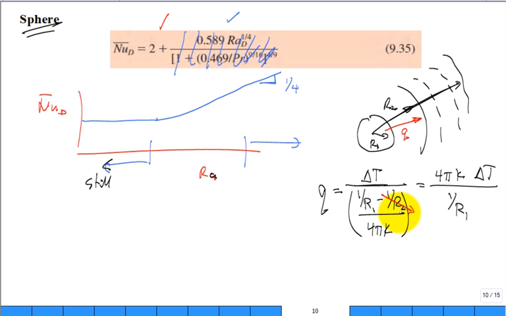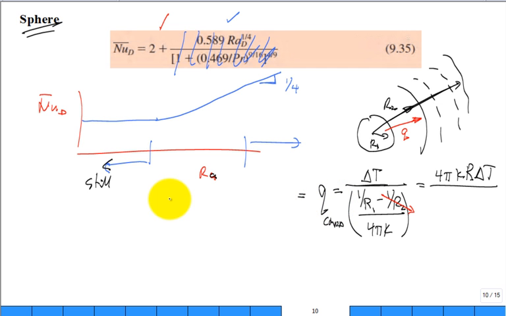So we subtract 0. So what you have is a model for the heat transfer off of a hot sphere into a cool fluid where the fluid far away is at temperature T2. Well, somebody says, you know what, that's our conduction in a quiescent fluid.